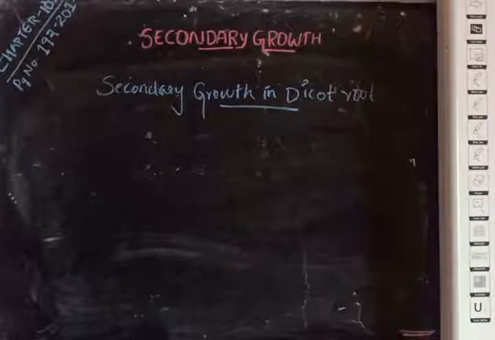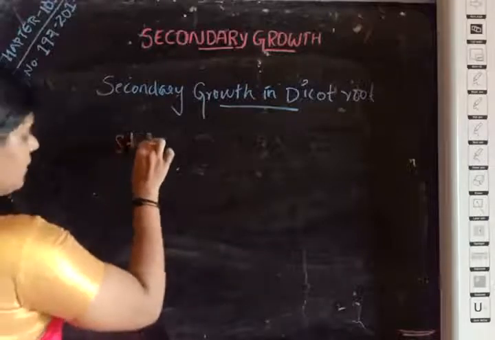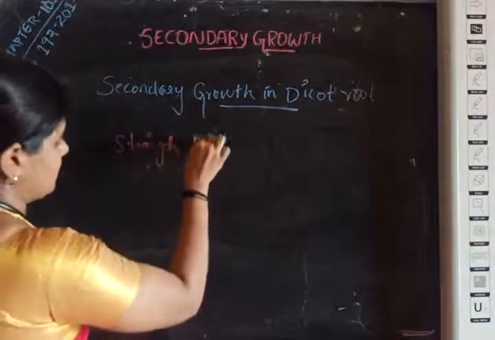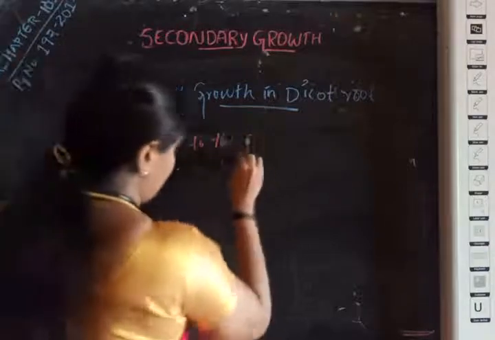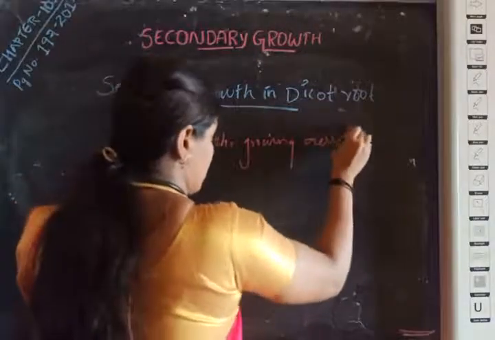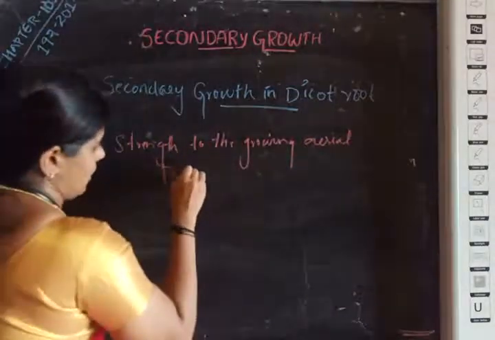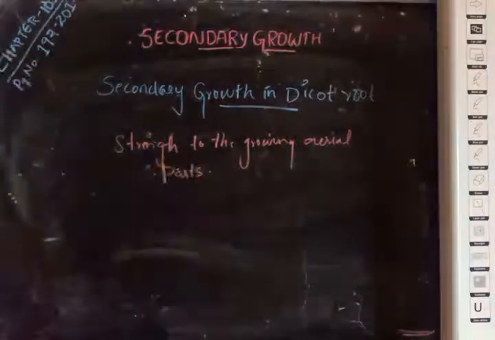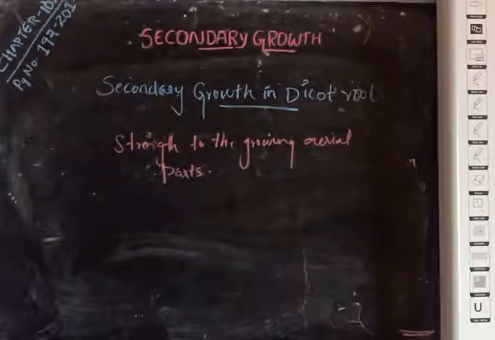When the secondary growth takes place in dicot root, it provides strength to the growing aerial parts of the plant. However, there is similarity in the secondary growth of dicot stem and root.